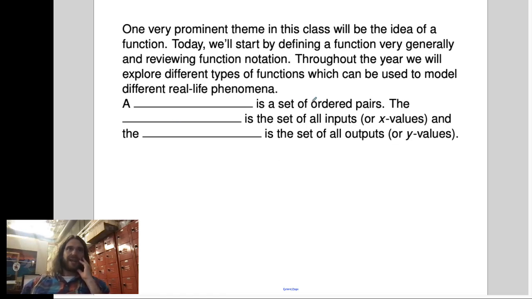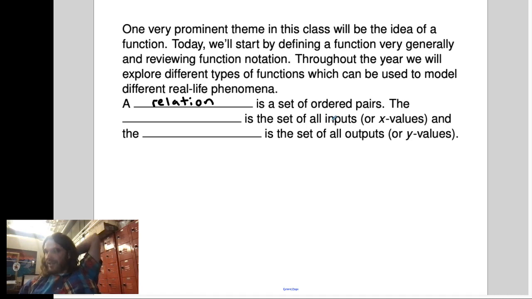So a blank is a set of ordered pairs. So we call a set of ordered pairs, or a connection between numbers, a relation. Anytime you have a collection of ordered pairs, that is called a relation.